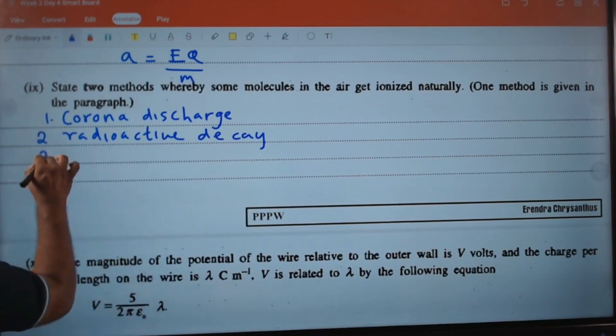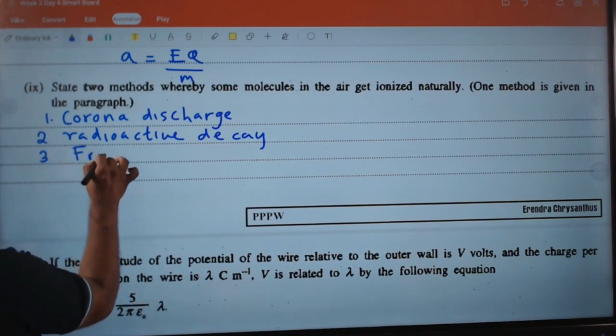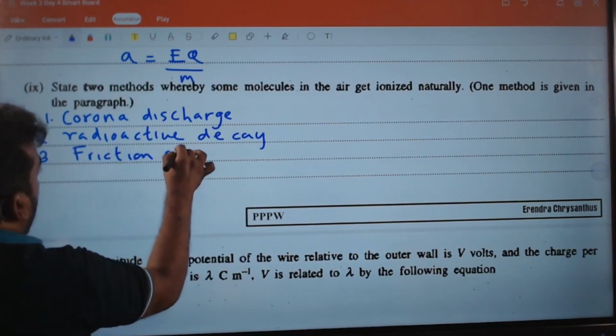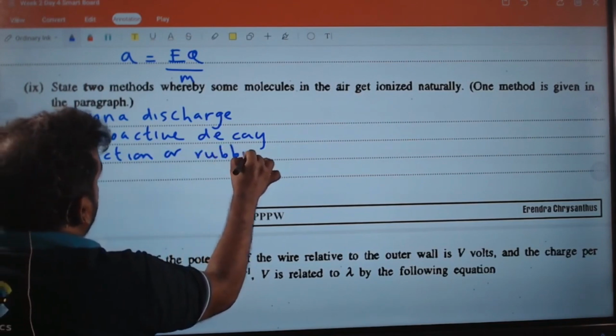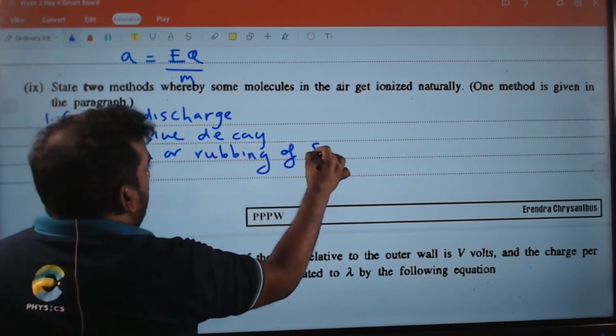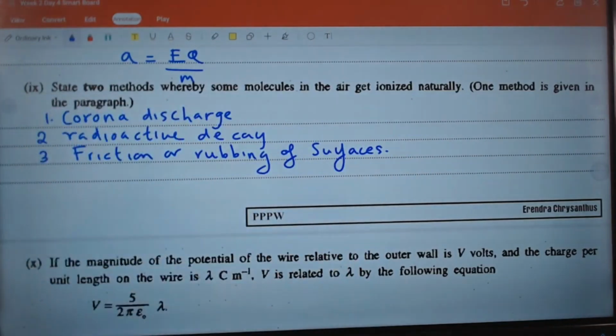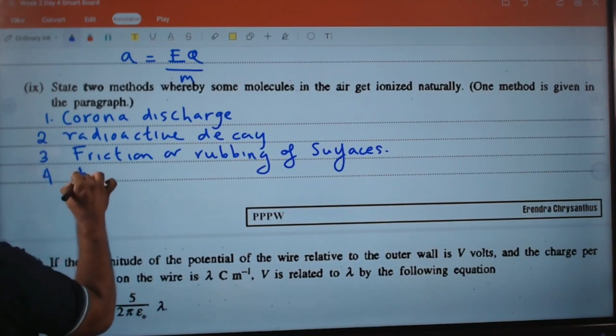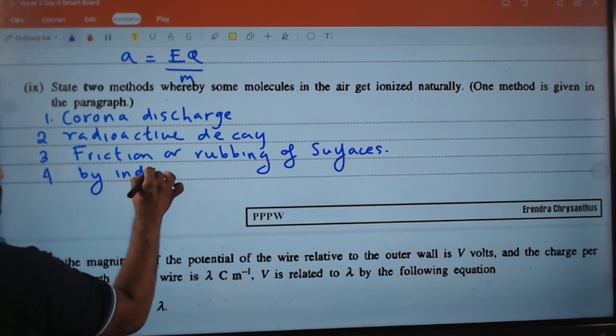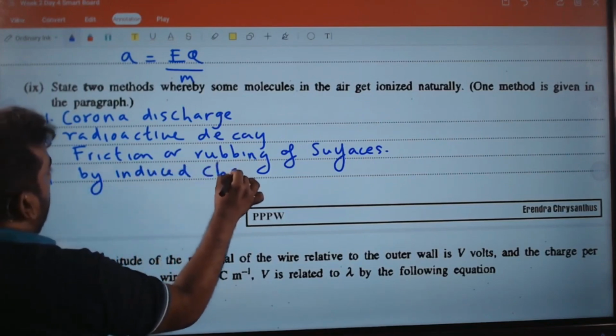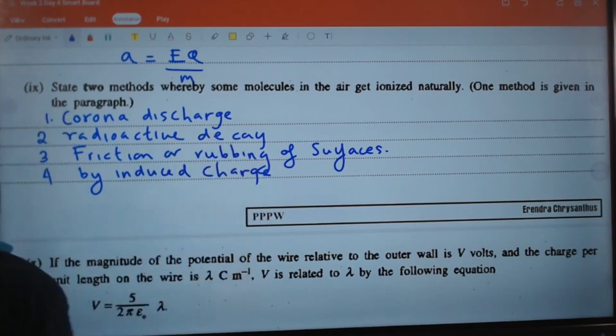Also, ions can be caused by friction or rubbing of surfaces. Okay? What's the next one? Method of induction, by induced charge. Right.